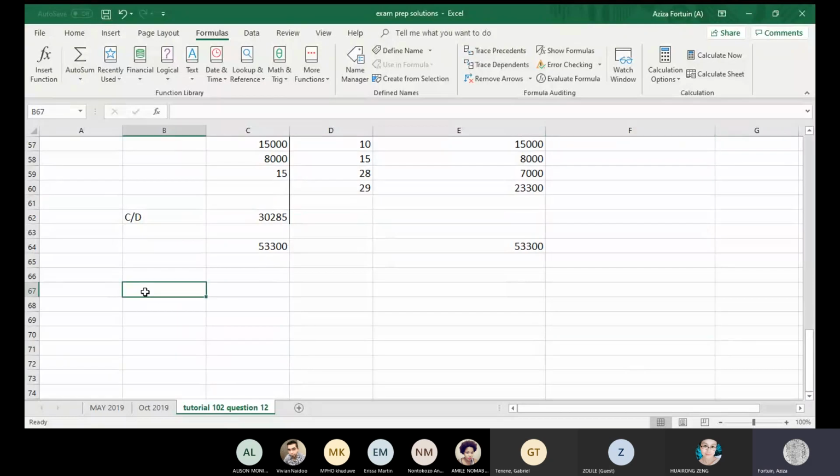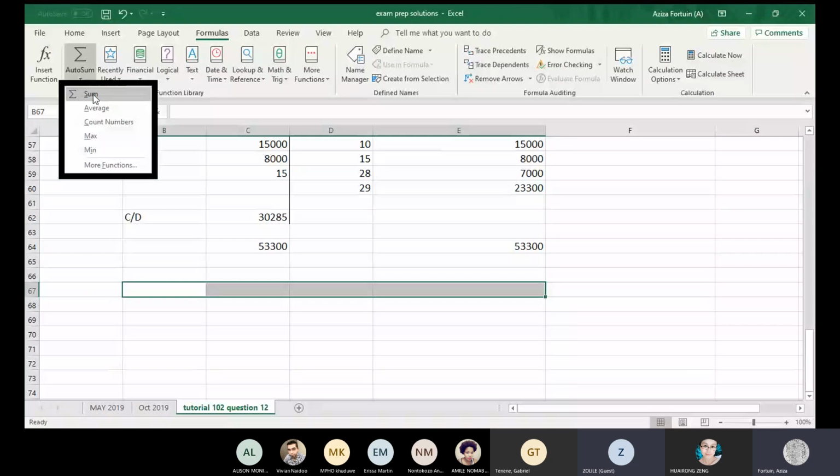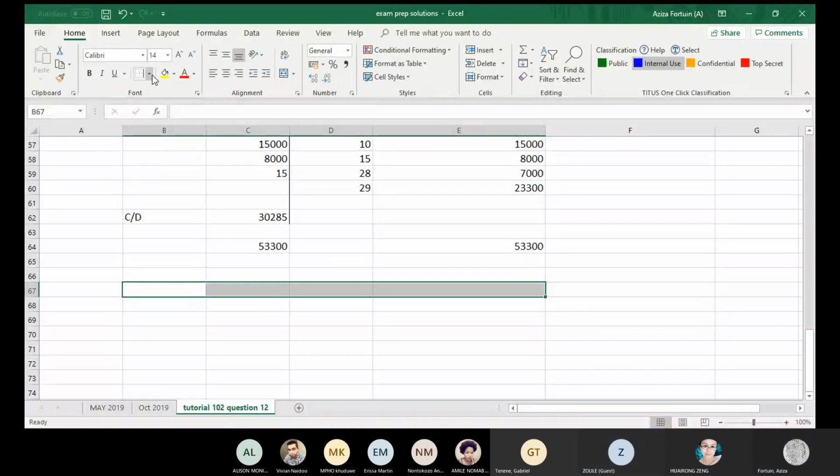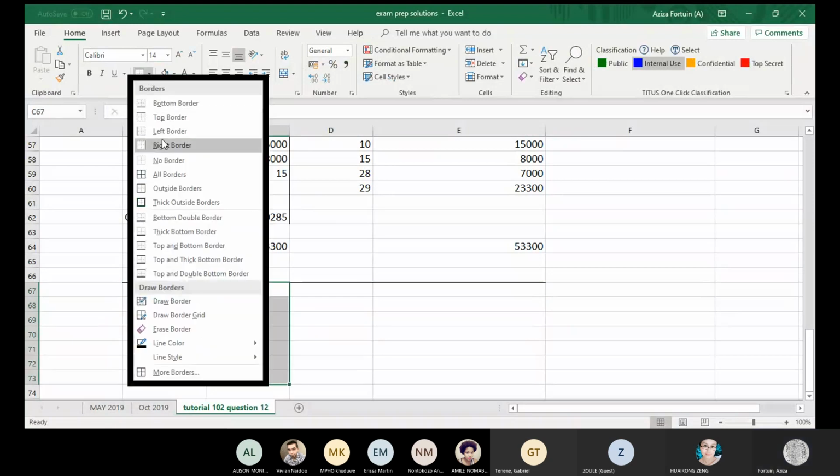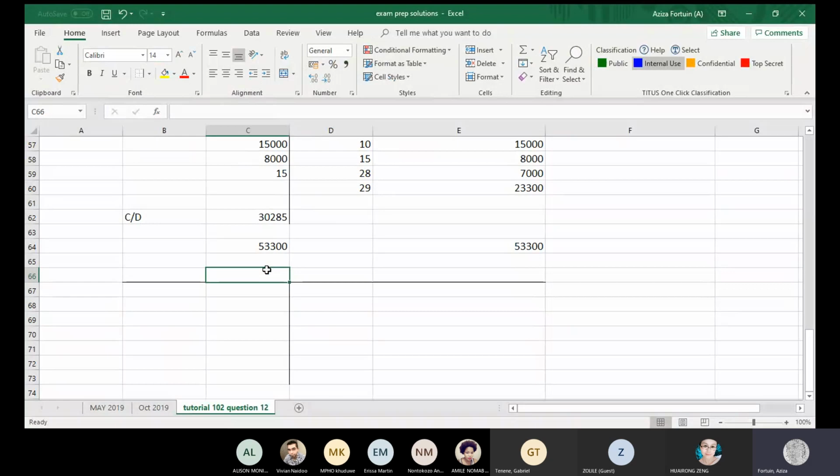Let's do the client control account now, quickly. What's going to happen in my client control account?